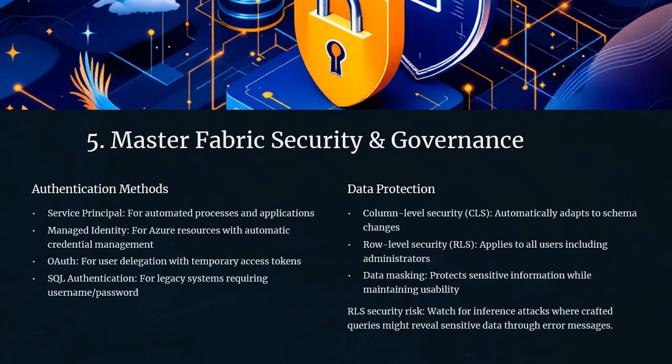Always be mindful of row-level security risks, particularly inference risks and attacks, where cleverly crafted queries might expose sensitive data through error messages. Proper governance involves anticipating these risks and implementing safeguards. By understanding these authentication options and data protection mechanisms, you can build a secure, compliant Fabric environment that safeguards valuable data without compromising usability.